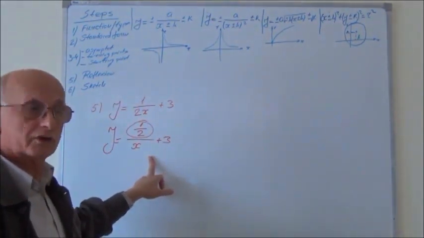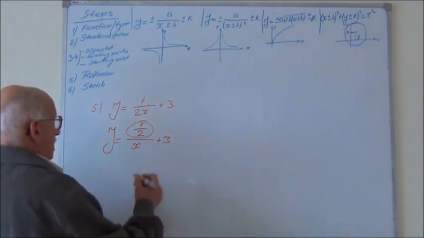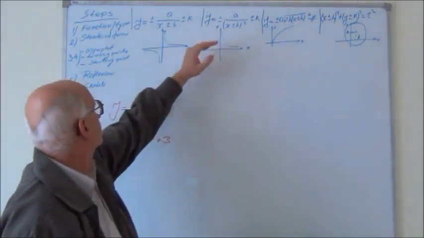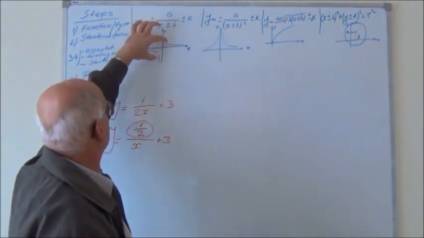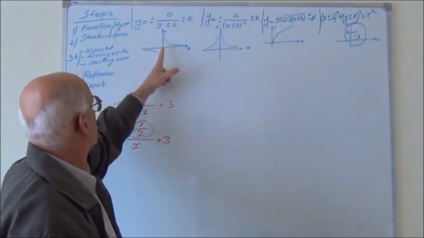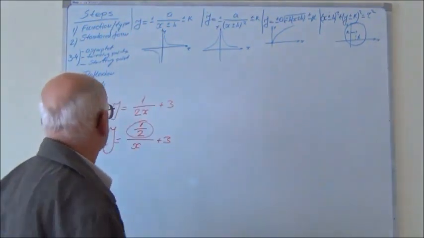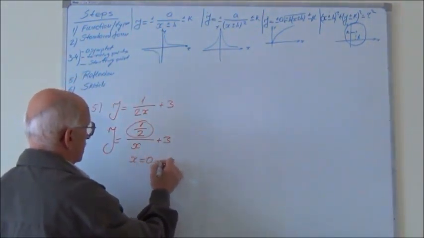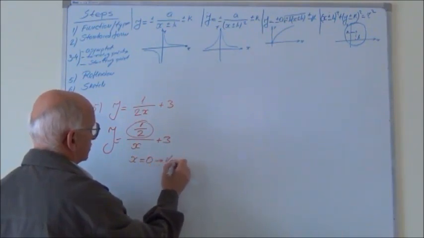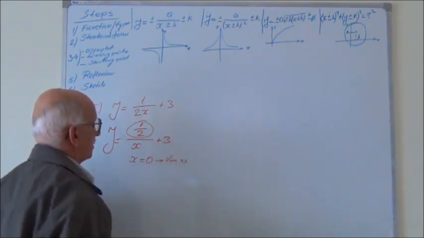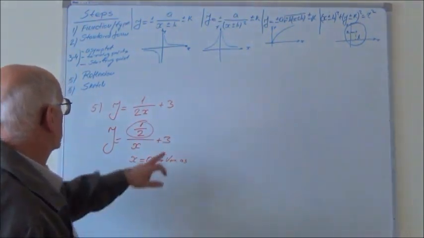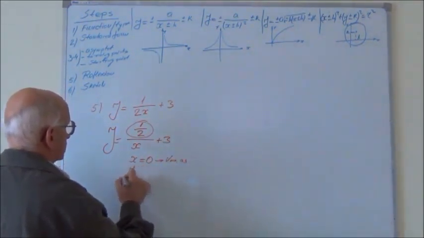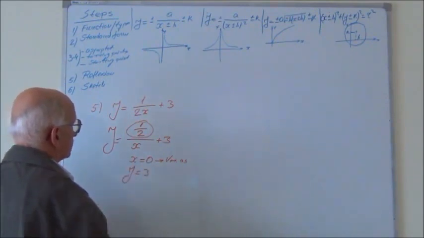So no horizontal translation. If we are not going that way or this way, we are staying here, then the vertical asymptote is x equal 0. And the horizontal asymptote, of course, from the vertical translation, is y equal 3.